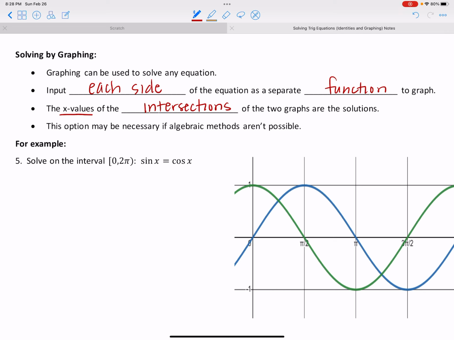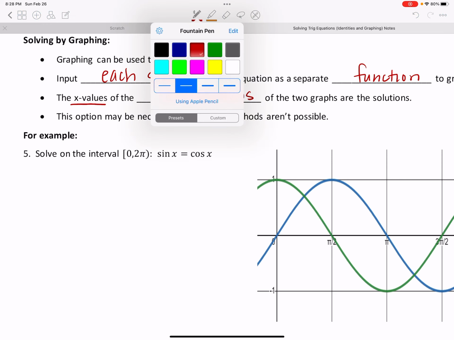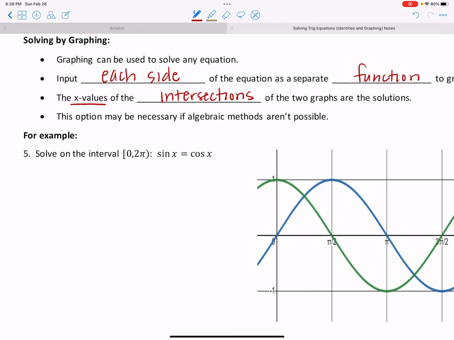So the first one here, number 5, I graphed it, although I think it would be good practice for us to go through the solving by hand. If we were going to solve this by hand over the interval from 0 to 2 pi, we would have to square both sides to make some sort of replacement. So what we saw like in number 2, okay?